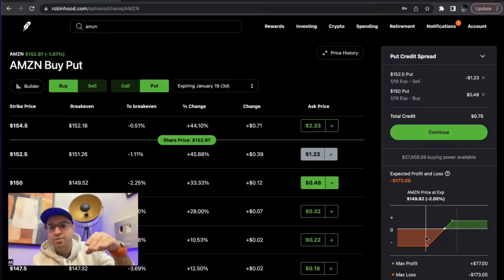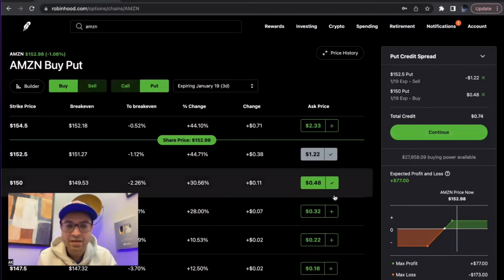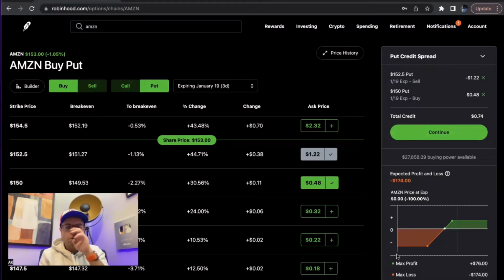It could fluctuate a little bit. It could even go down a little bit, and we would still make some money on this. But if it goes up, great. By expiration date, our max profit would be 76. Our max loss would be 174. So that's how you do a bullish put spread, which is a credit spread.